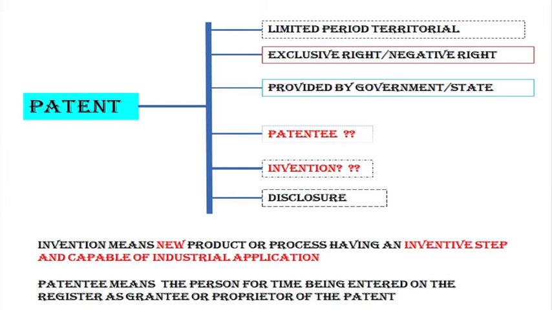I have already mentioned that I analyze technology in the form of a product or process. For that reason, you should learn patent very well to ultimately get the fruits of intellectual property rights. So, patent means a new product or process having an inventive step and capable of industrial application.